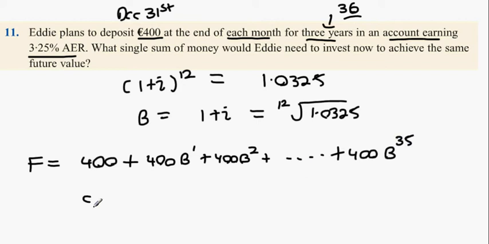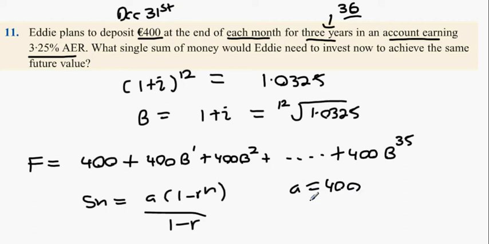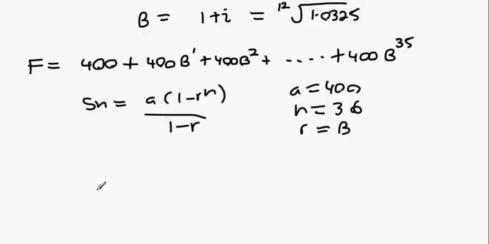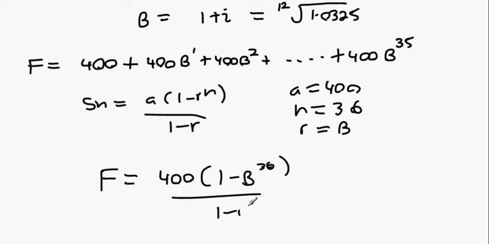So once again, it's an Sn sequence where it's a into 1 minus r^n all over 1 minus r. a is 400, n is going to be 36 different installments, and r equals b. So we can put this into the calculator and find our F value to be 400 multiplied by (1 minus b to the 36) all over 1 minus b.